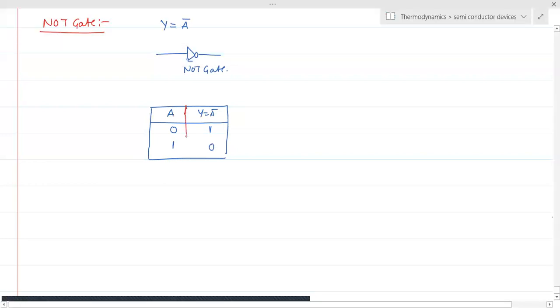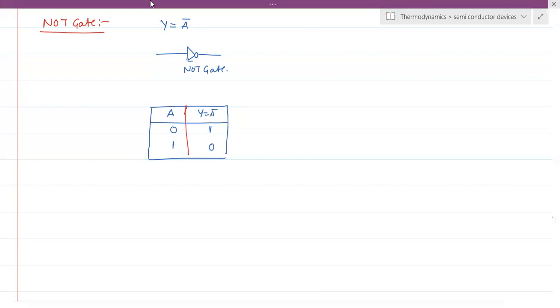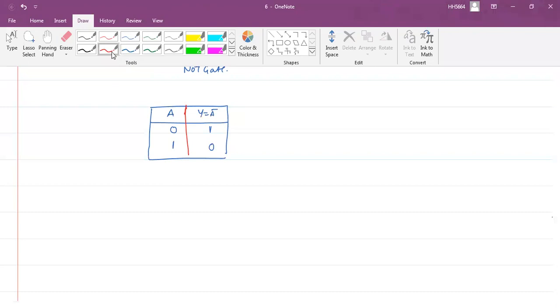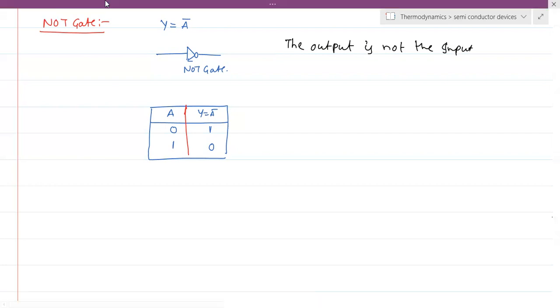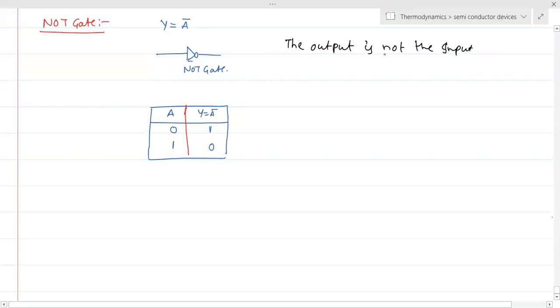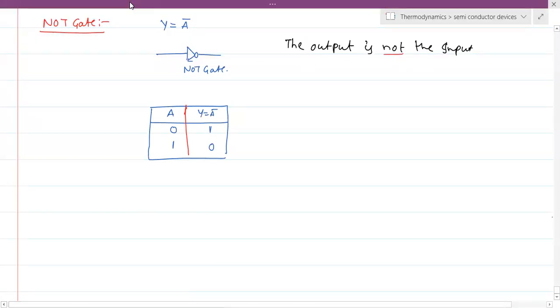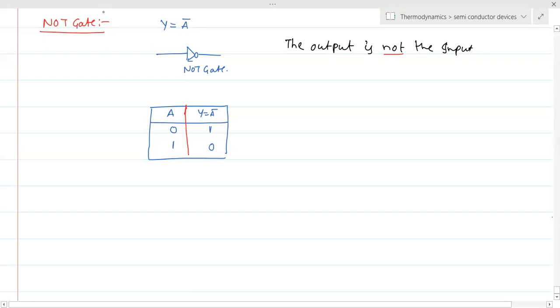So simply from the truth table, we write the definition: the output is not the input. That means it is going to have a different value, not the same value as the input. That is the beauty of the NOT gate.